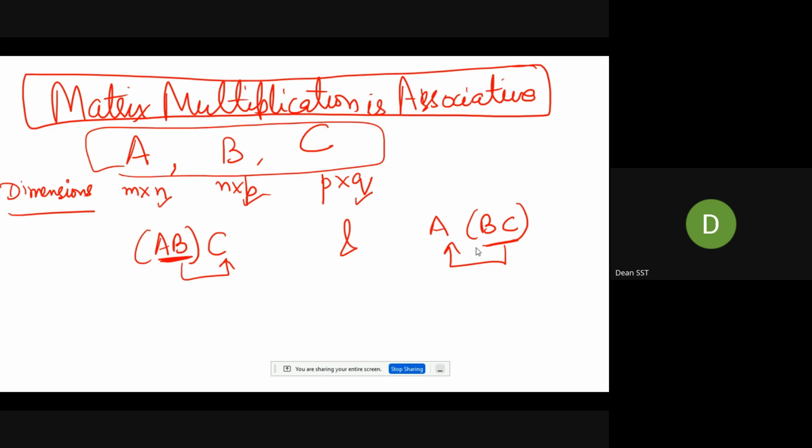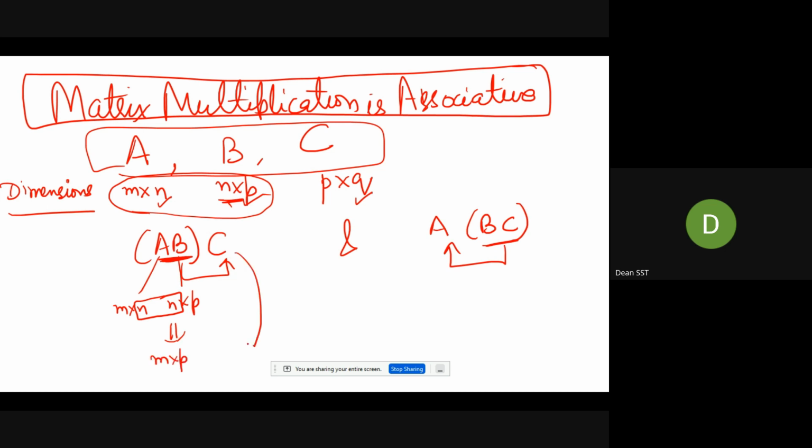Is it clear? Yes, ma'am. Now see the dimensions. We can multiply A and B. What will be the dimension of the resulting matrix? A is m into n and B is n into p, so the resulting matrix will be m into p.